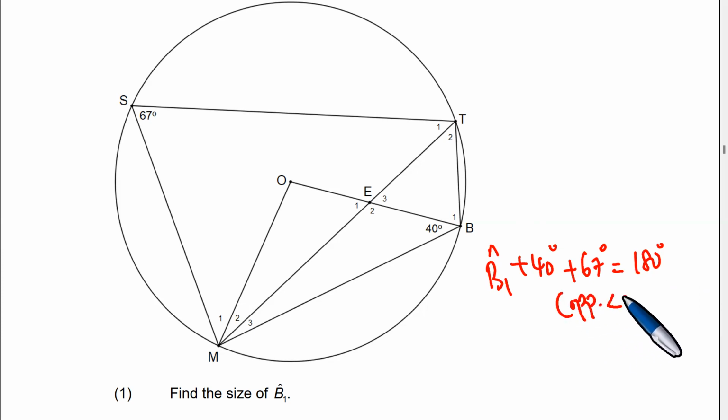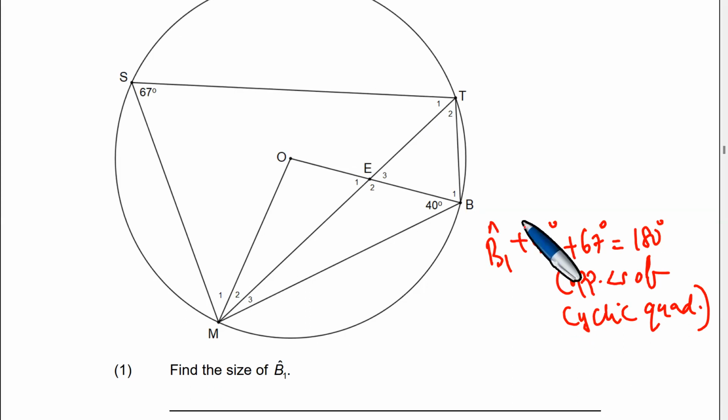Because these are opposite angles of a cyclic quad, opposite angles of cyclic quad STBM.